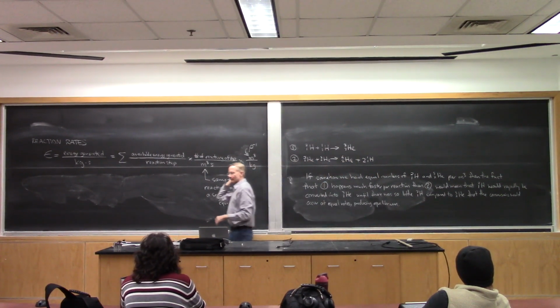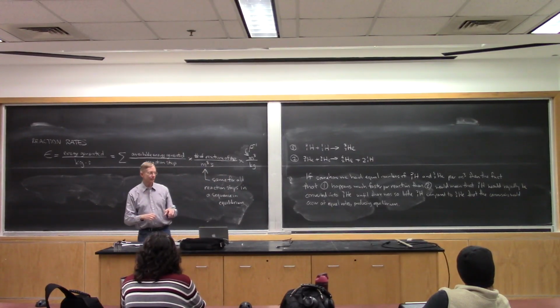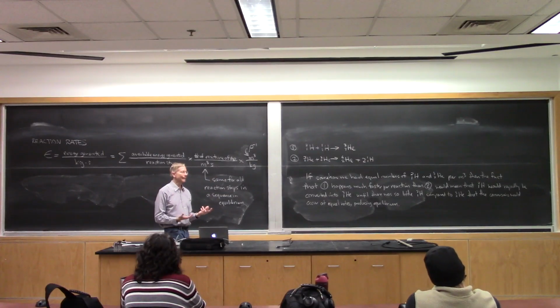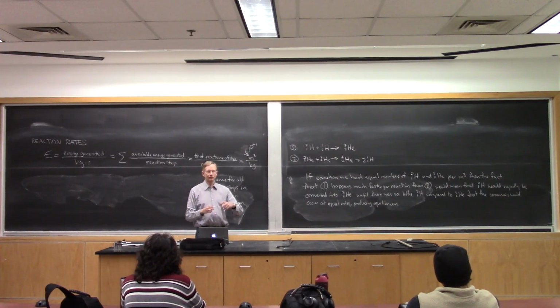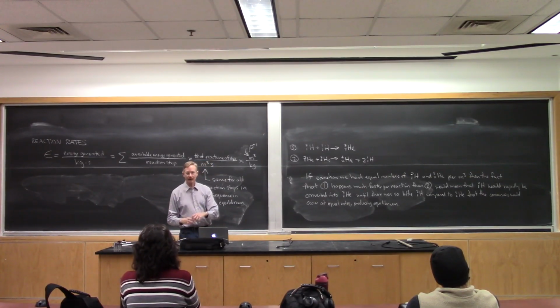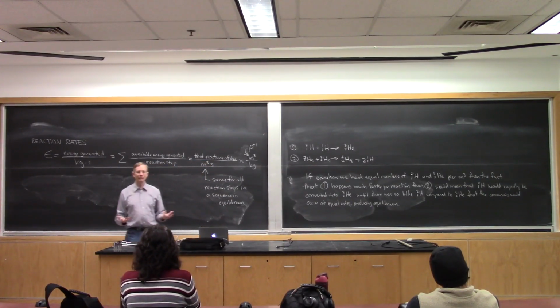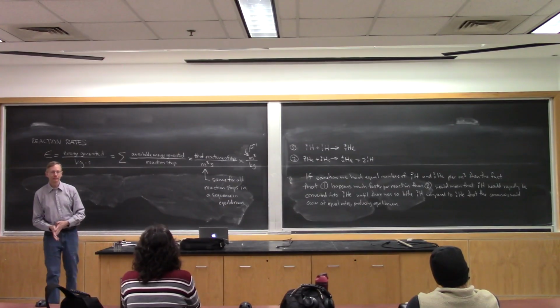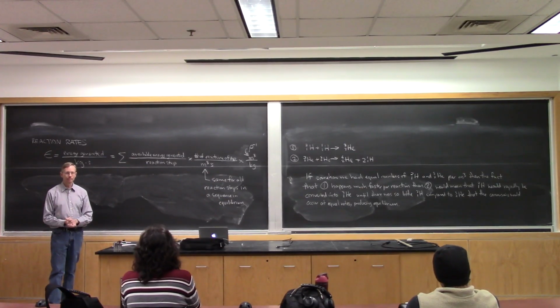So if you have a reactant that's hard to destroy, there's going to be a lot more of that around to compensate for the fact that any one of them takes a long time to be destroyed, so you need more of them around to get the same number being destroyed every second, essentially. That's the big picture there.